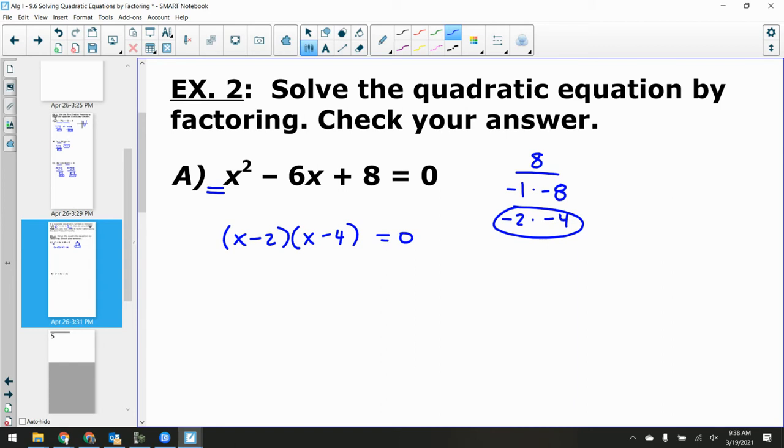And now this brings us back to the exact same type of problems that we've had above. We set each piece equal to 0. We add 2. We add 4.